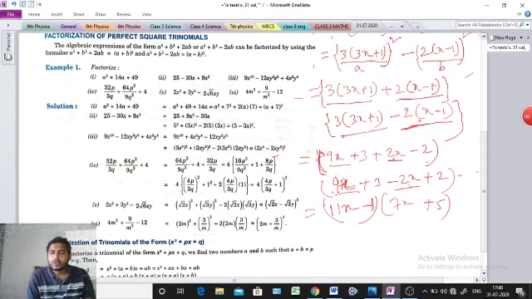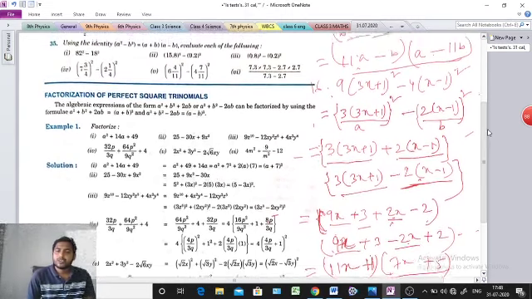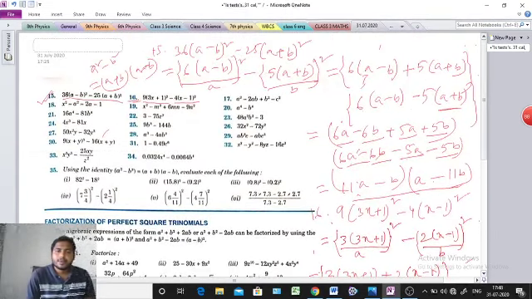Here minus 1 or plus 1? One mistake is there. Plus 3 minus 2 means plus 1 will come, not minus 1. And here 9x minus 2x is 7x, and plus 3 plus 2 is plus 5. So 11x plus 1 into 7x plus 5, this is the answer. Question 16 clear?